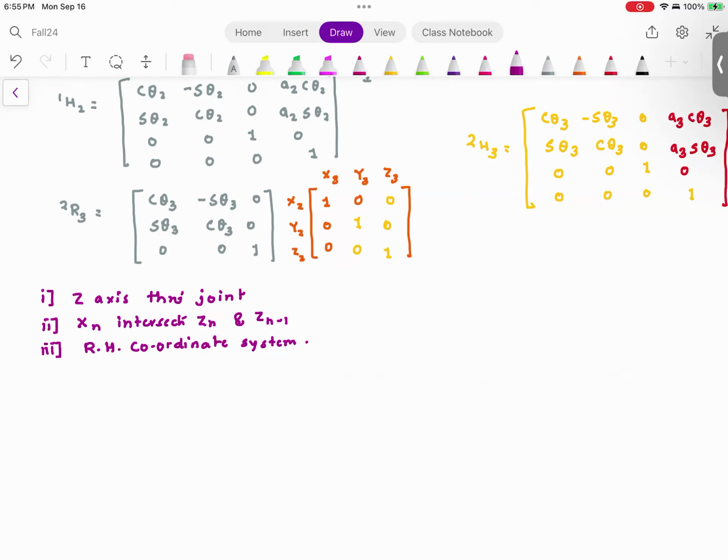Set up the problem wherein the first joint and the second joint, they are perpendicular. Second joint and the third joint, they are perpendicular. Everyone understood this?